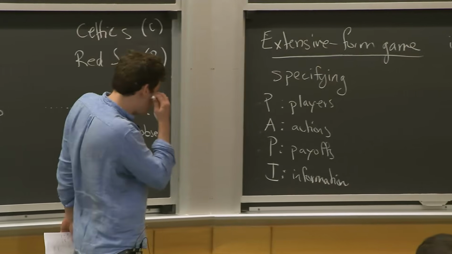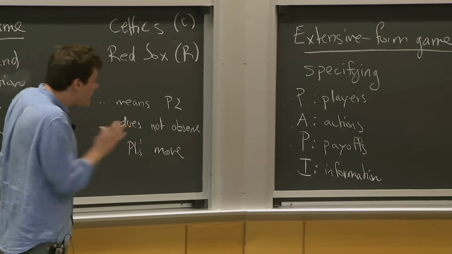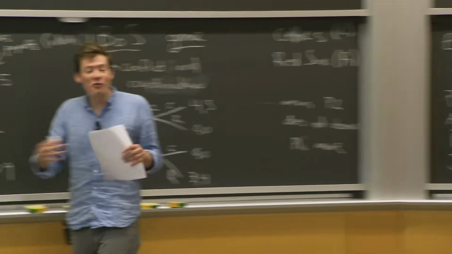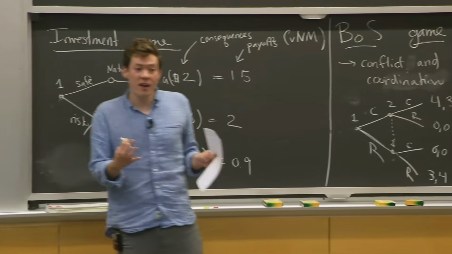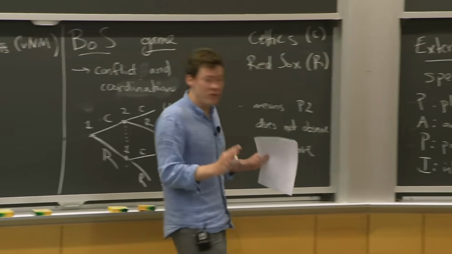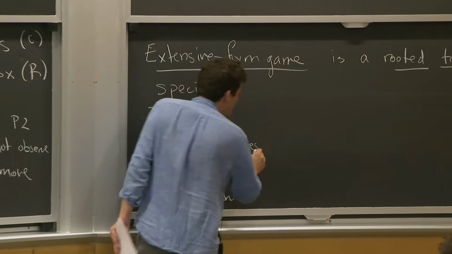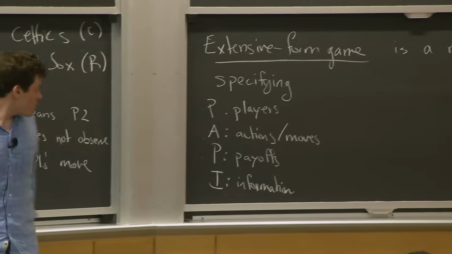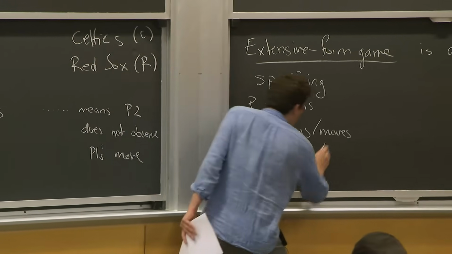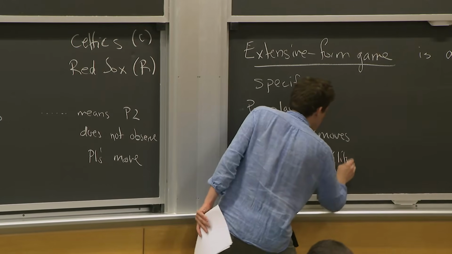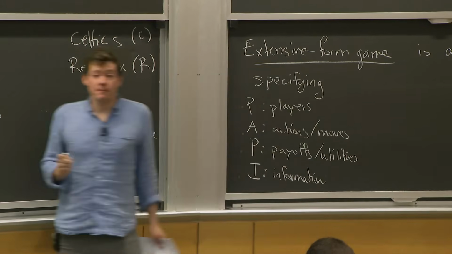I want to just put a few synonyms up here, because I have a tendency throughout the course to use a few different words to mean the same thing, and I just want us to be all on the same page about what those mean. So I might say action, or I might say moves. Those mean the same thing. And I might say payoffs, or I might say utilities, and those mean the same thing.